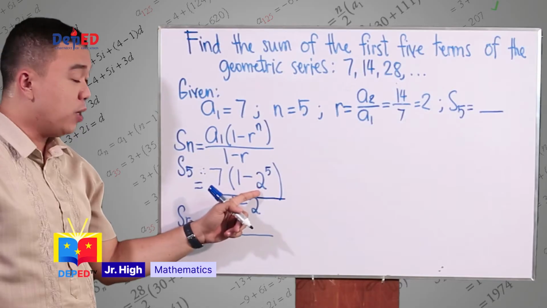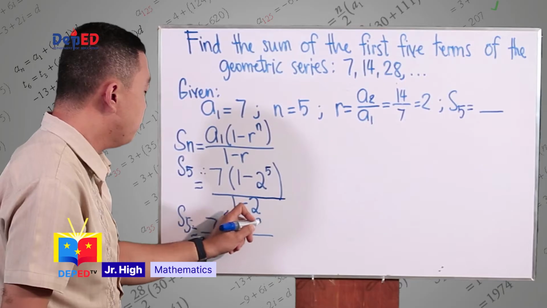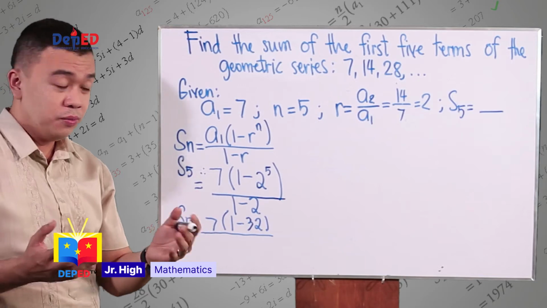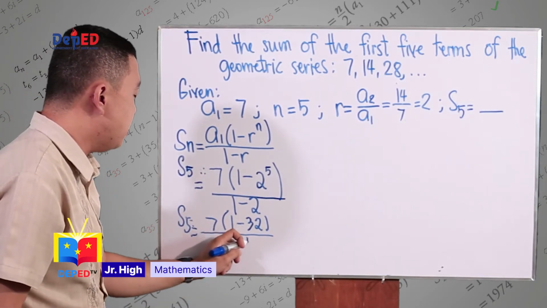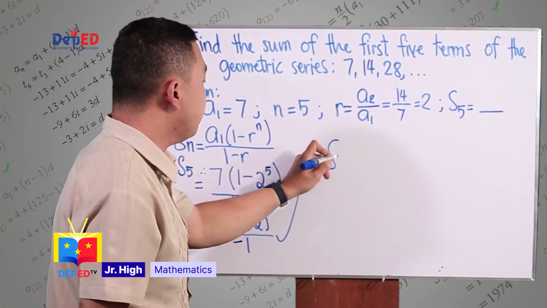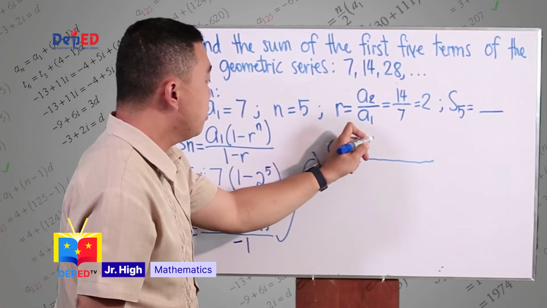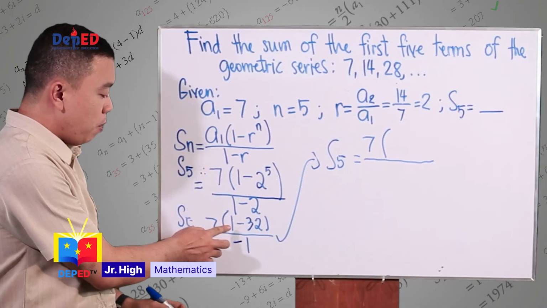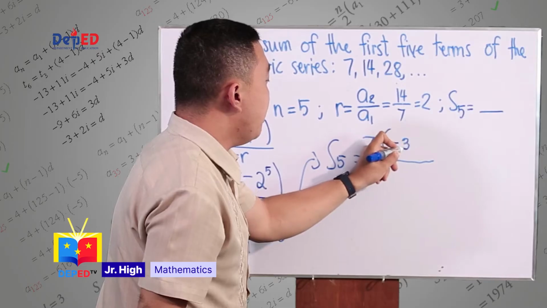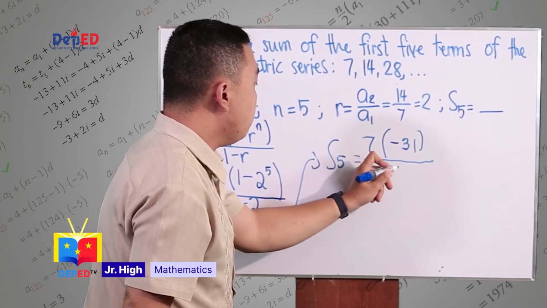You have to multiply 2 by itself 5 times, which will give you 32. Over 1 minus 2 will give you that's negative 1. Moving on, we have S sub 5 is equal to 7 times 1 minus 32 is negative 31 divided by negative 1.